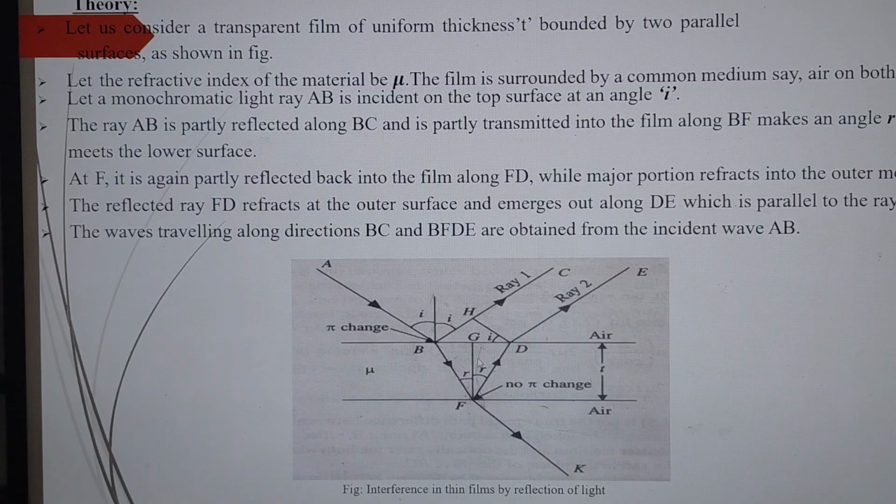See, the film of uniform thickness t is bounded by two parallel surfaces. Here the refractive index of the material is mu.